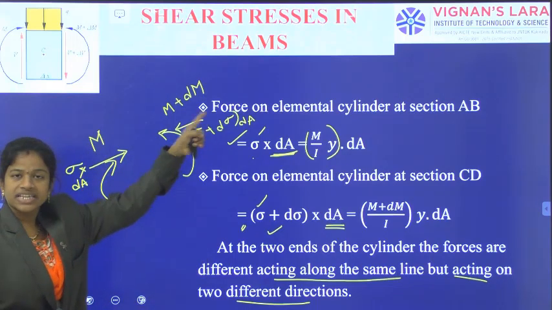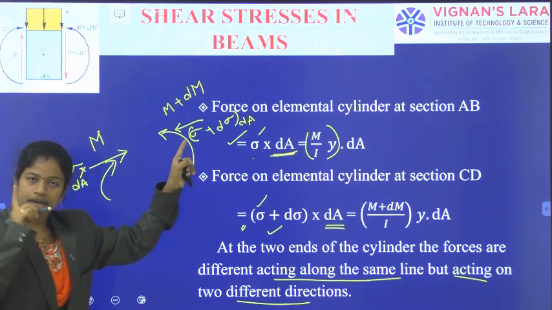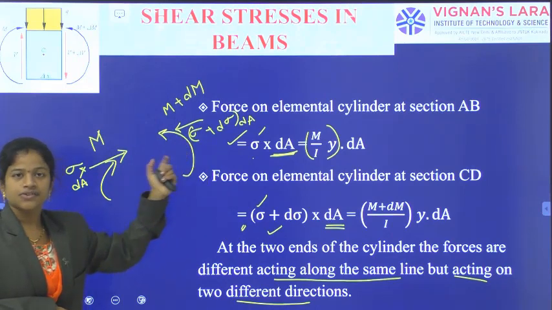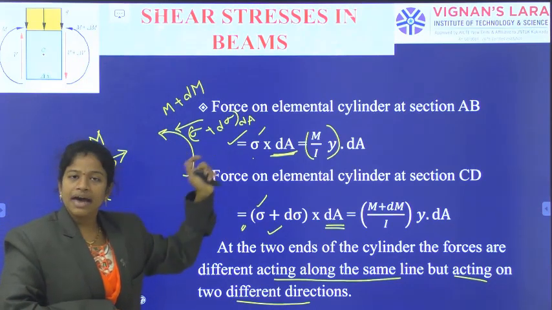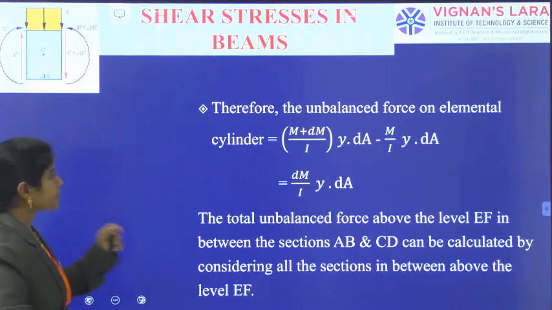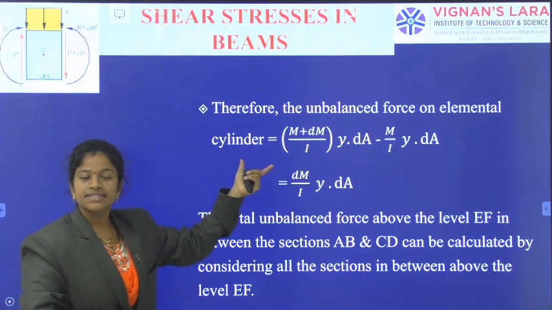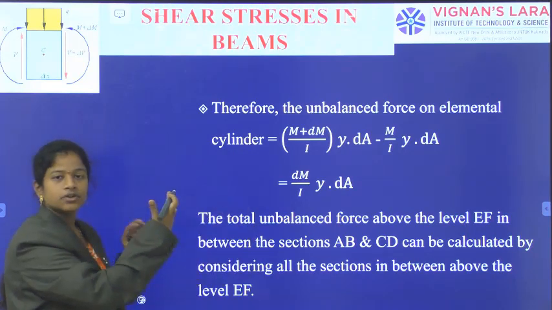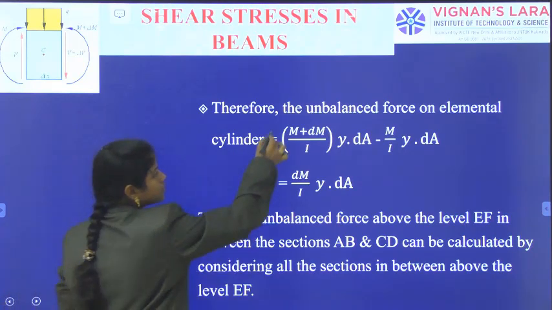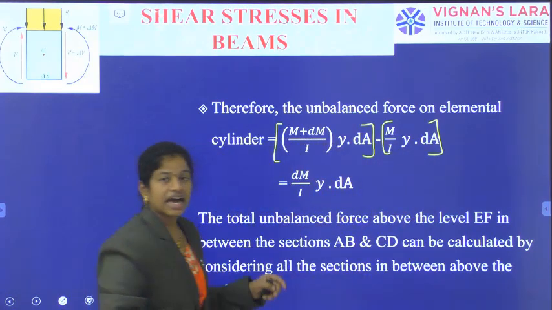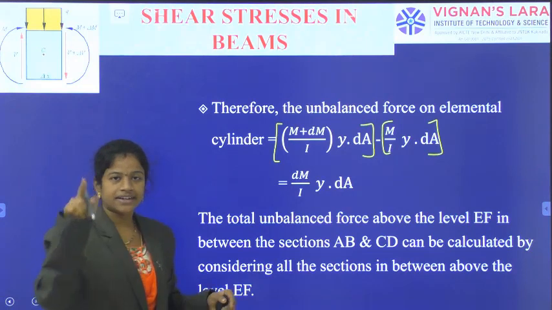These two forces act on the same element along the same line but in different directions, so a net or unbalanced force will come out. Therefore, the unbalanced force acting on the elemental cylinder is equal to the force in one direction minus the force in the other direction on the same cylinder.